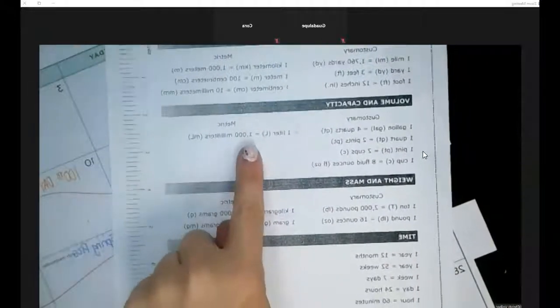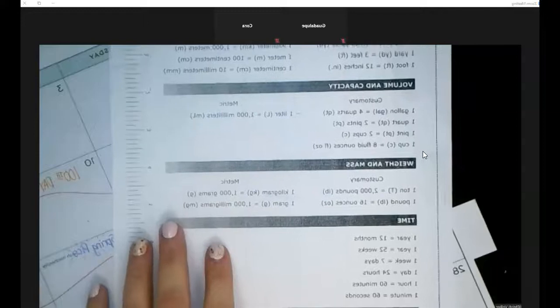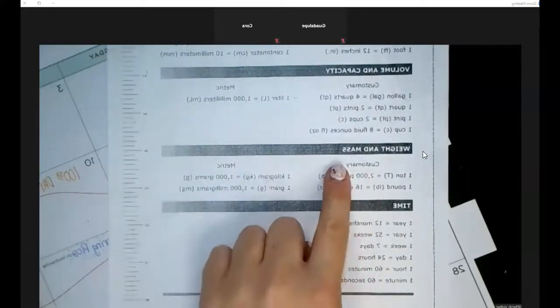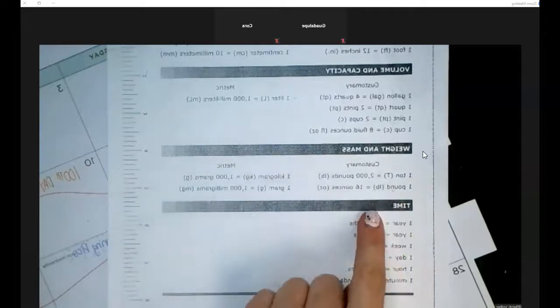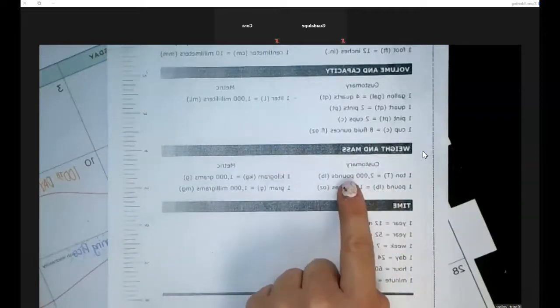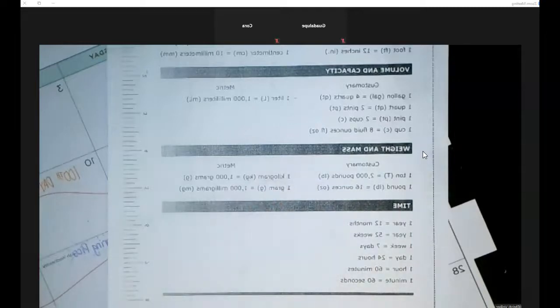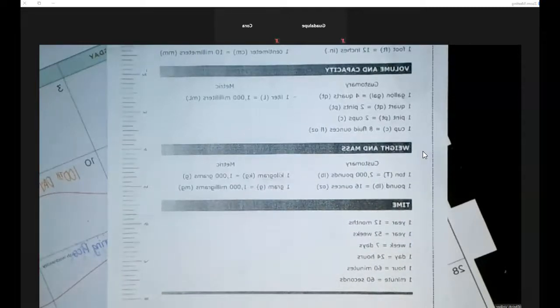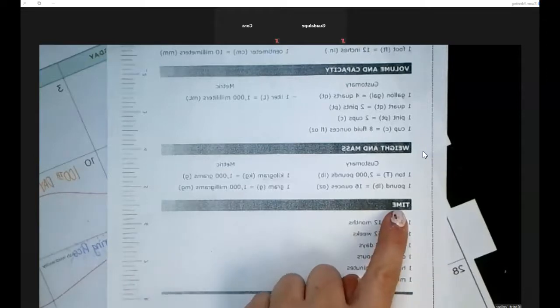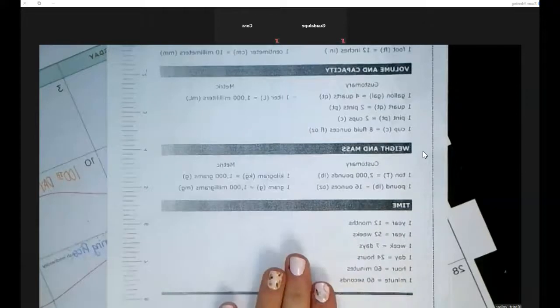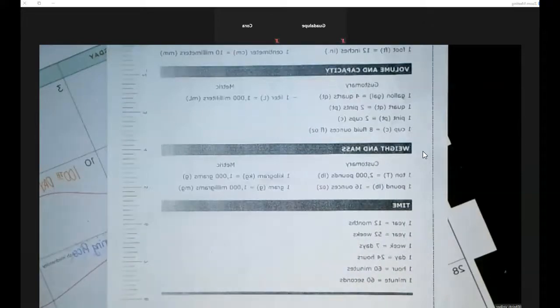And then the metric, we have liters and milliliters. Weight and mass. So all the ones we just talked about. Tons, pounds, ounces, kilograms, grams, and milligrams. And then the last section, you have time. So you don't even need to have all of this stuff memorized. They're going to give you a chart that looks just like this when you take your STAR test and when you take any type of practice STAR test.